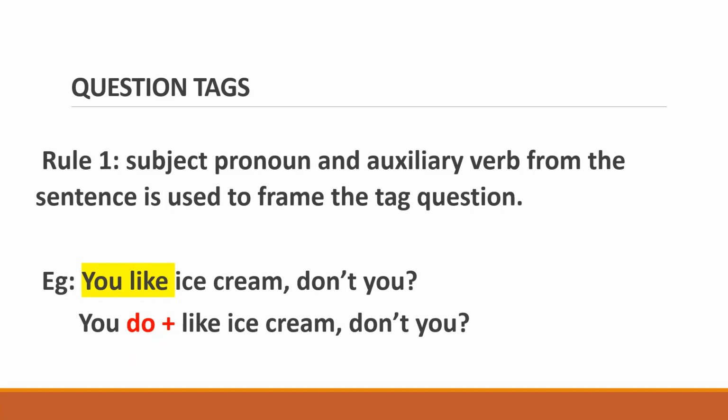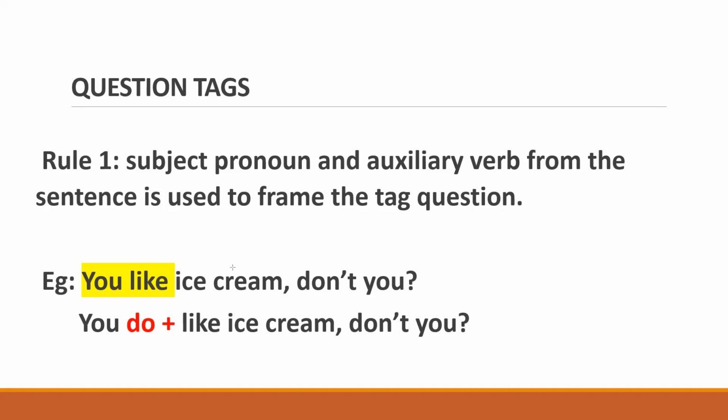Otherwise, you cannot make a negative or a question out of it. Main verb or do verb or have verb will not take negative all by its own. You need the help of do verb. And that's why we got you. Do plus like gives you don't you.